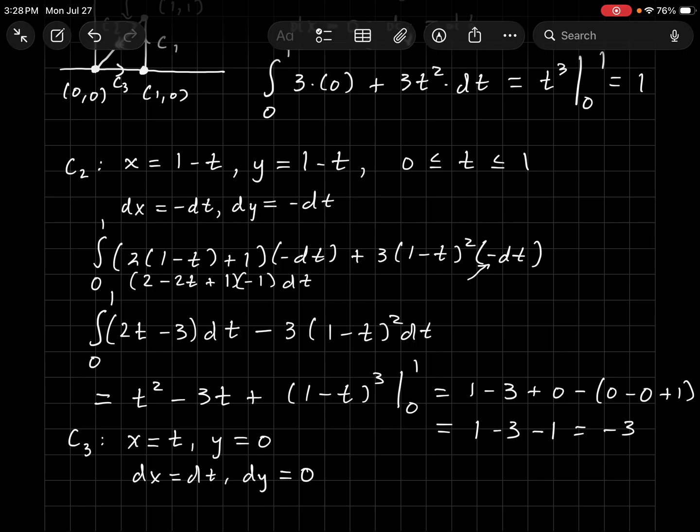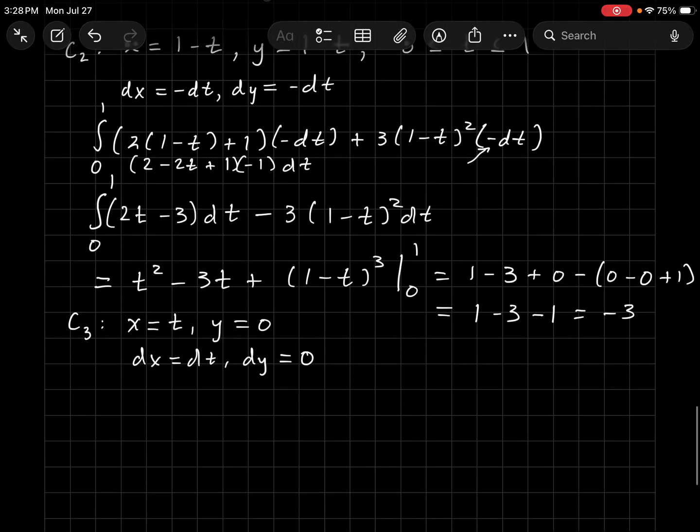So let me rewrite my integral so we can see it over here. We had 2x plus 1 dx plus 3y squared dy. And this will be on the interval 0 to 1 for t as well.